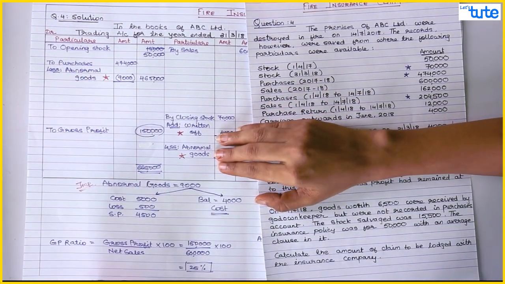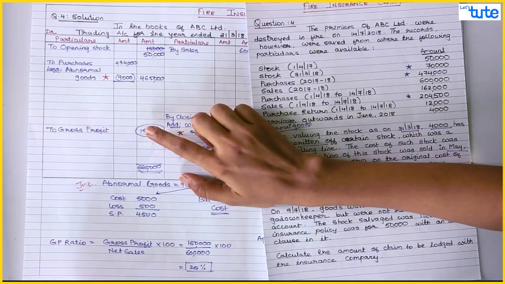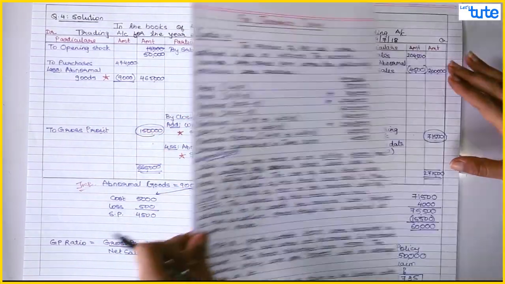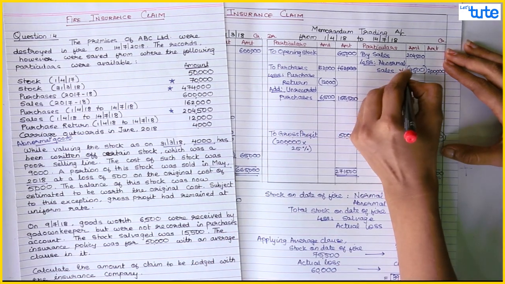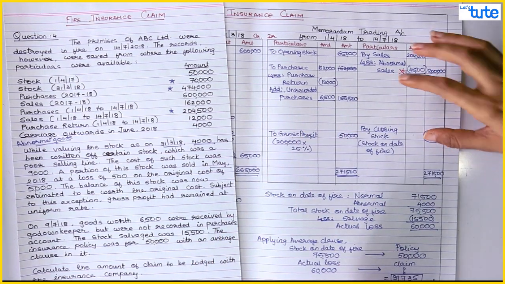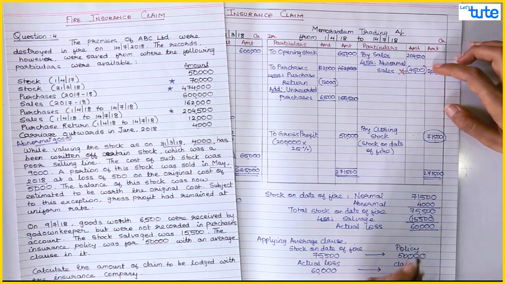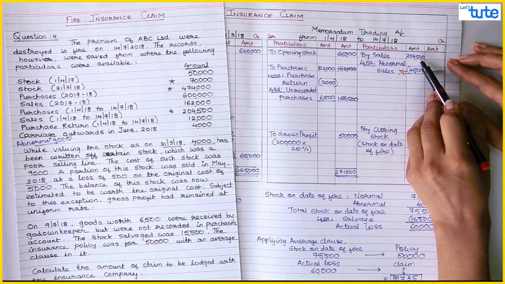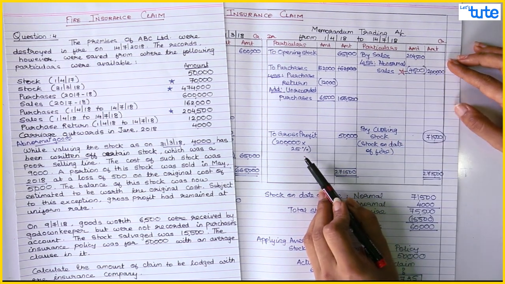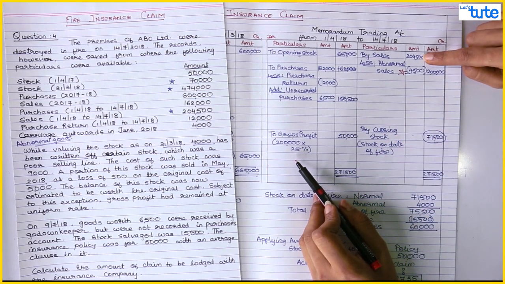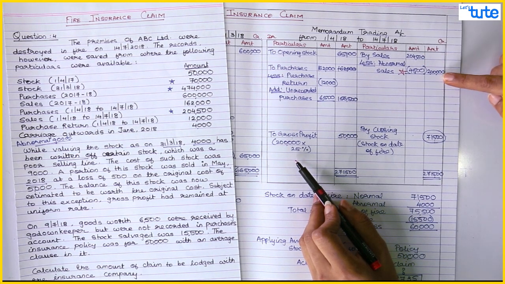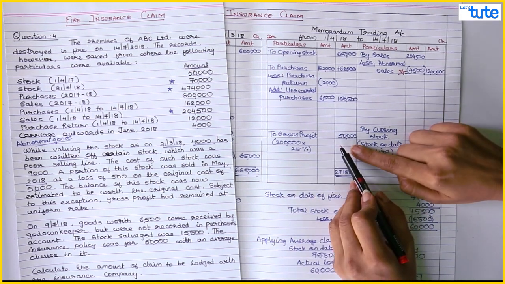So reduce from purchases also, and find out the normal GP ratio. If those goods are sold in the current year, you deduct those sales also, because these goods are sold at loss, and we cannot apply 25% gross profit on this 2,04,500, because we have not earned gross profit on this entire sales. Out of this, we have earned profit on only 2 lakhs worth of sales, on which we applied gross profit.